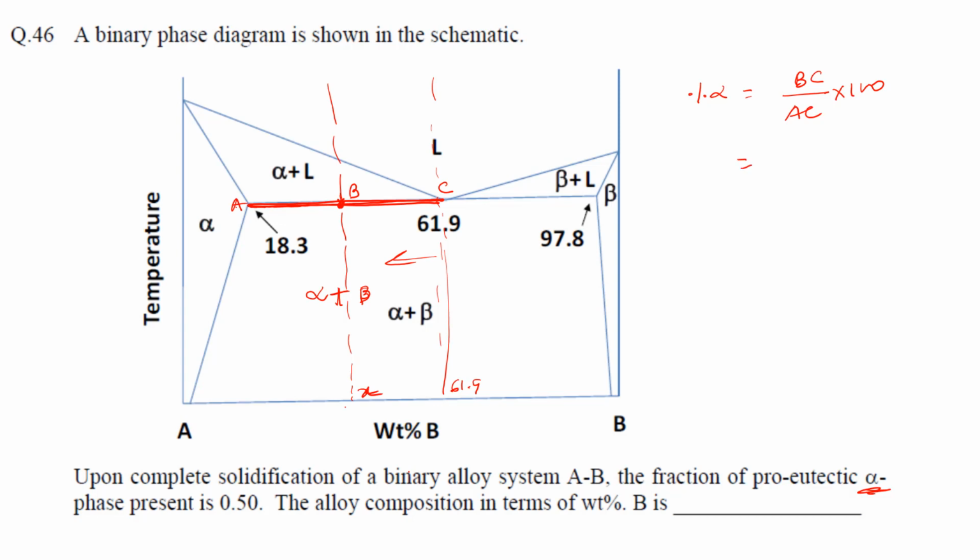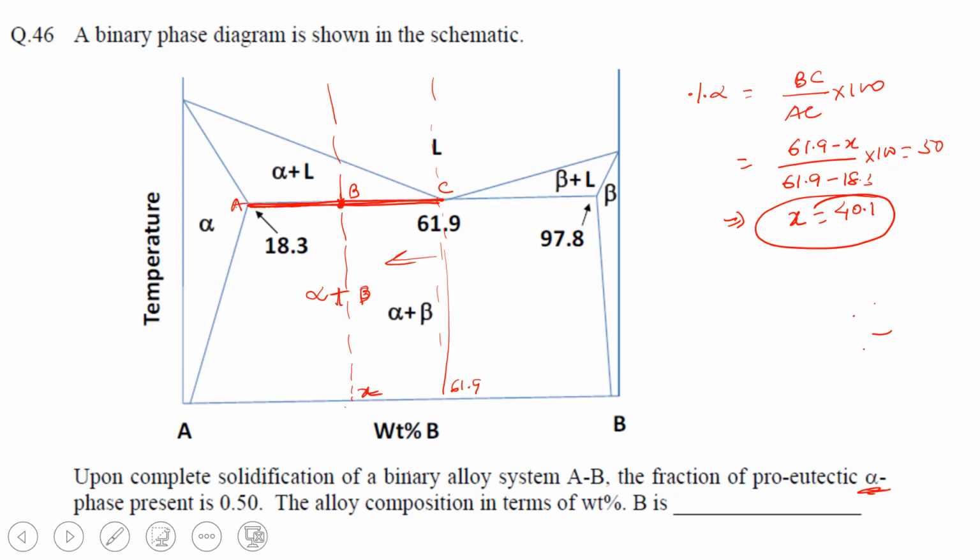So this implies BC equals (61.9 minus X) divided by (61.9 minus 18.3) into 100, which is equal to 50%. If you do the calculation over here, then X equals 40.1.